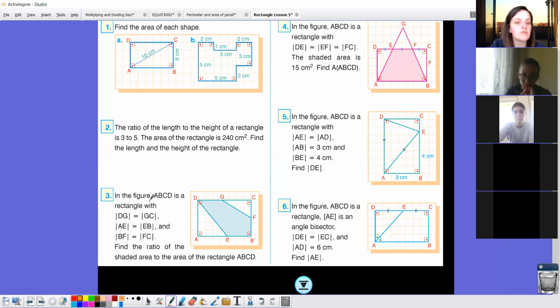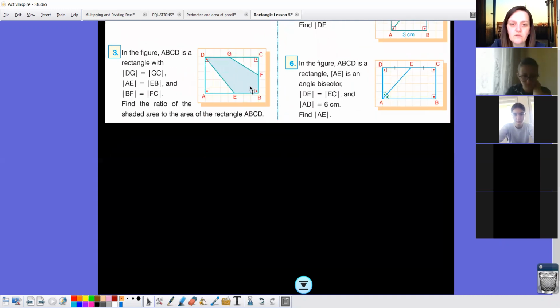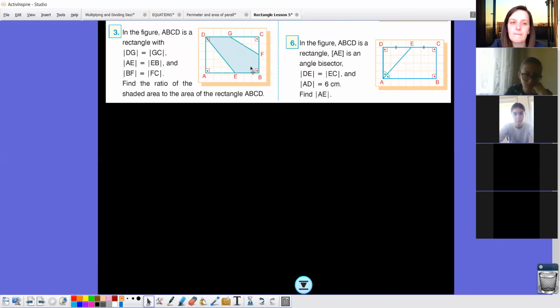What about this question? Third one. Find the ratio of the shaded area to the area of the rectangle ABCD.